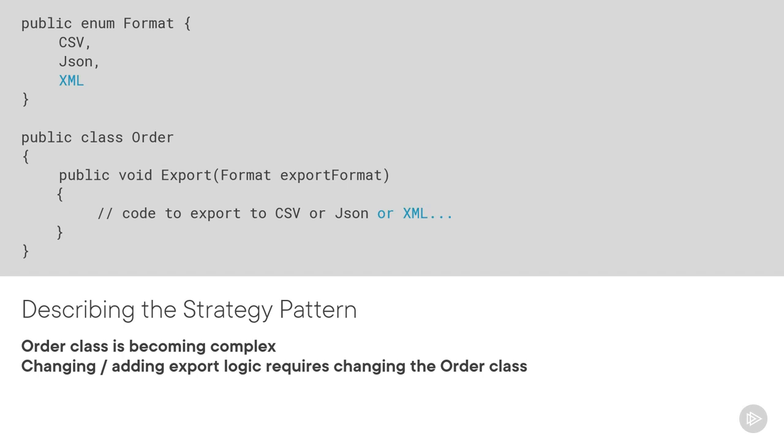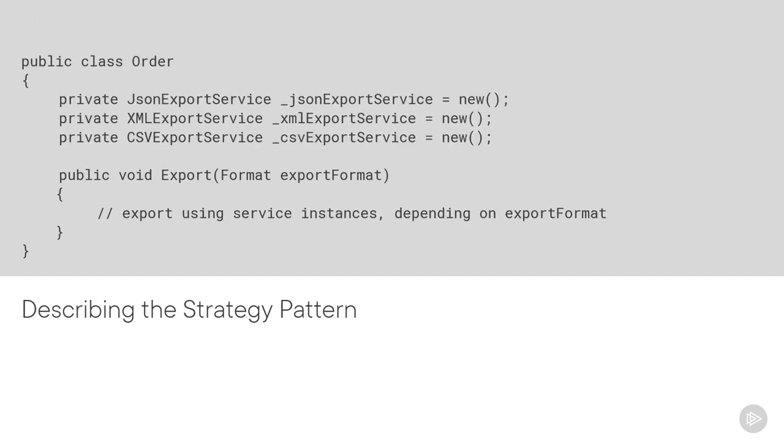And you can partially solve that by adhering to the single responsibility principle. You can put the different types of export functionalities in classes of their own. CSV export service, JSON export service, XML export service, and so on. And store instances of those on the order class. In the export method, the correct instance is then used, depending on the inputted export format parameter.